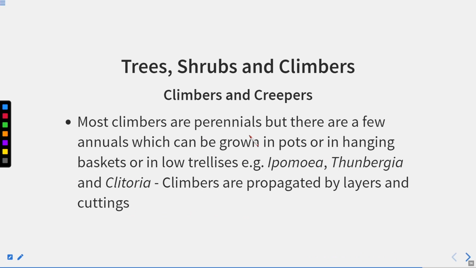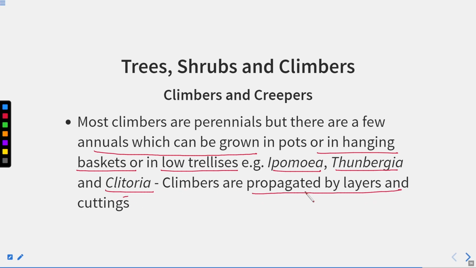Most climbers are perennials, but there are a few annuals which can be grown in pots, in hanging baskets or on low trellises. Ipomoea, Thunbergia and Clitoria are some of the climbers that are propagated by layering and cuttings. So by the layering and cutting methods, we can propagate these climbers.